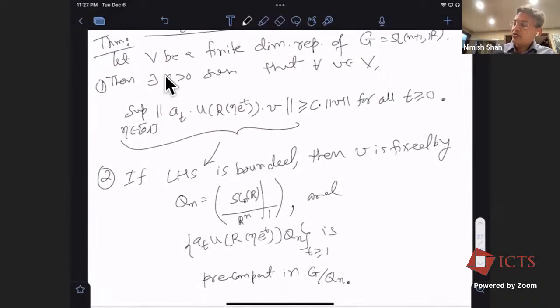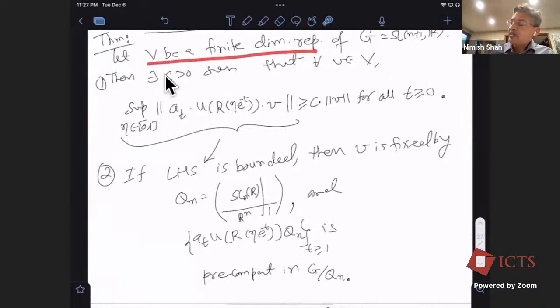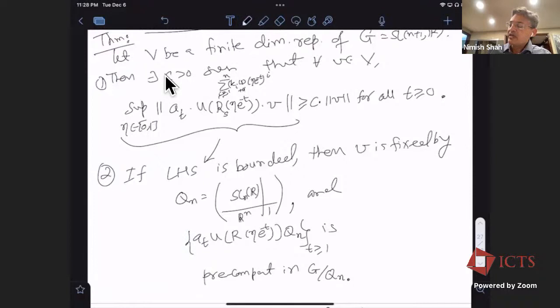In order to show this, one only needs to show the following: if V is a finite dimensional representation of SL_{n+1}(R), then there exists some positive number C so that for every vector v in V, if you look at this curve, u of r of eta e to the negative t, with S fixed and ignored, this is a polynomial that roughly looks like the summation of k_{i,s} times (eta e to the negative t) to the power k_i, for i equal to 1 to n, plus some little error, little o of e to the negative t.